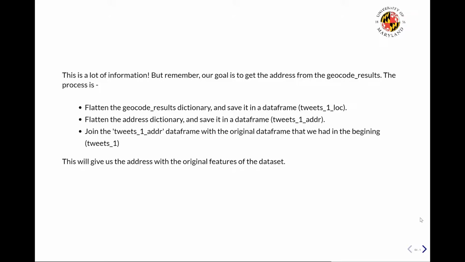This will save the objects, including the address dictionary, in different columns, and we'll save it to tweets1_location. Then we'll flatten the address and save it to tweets1_address. After that, we'll join tweets1_address with the original data frame in order to get the data together.